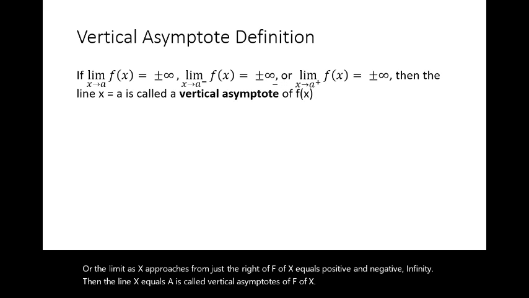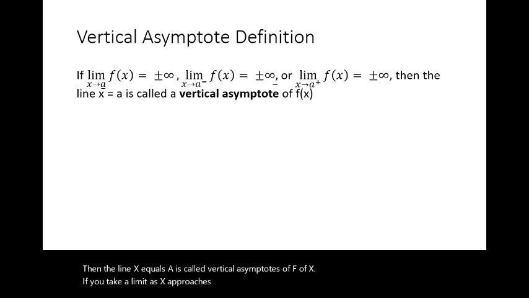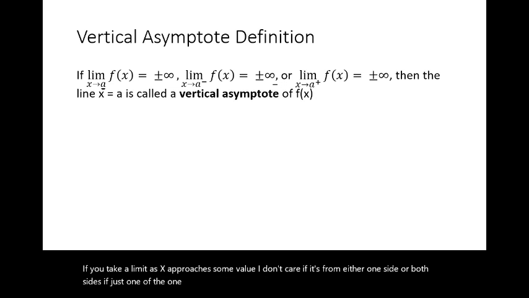So basically, if you take a limit as x approaches some value a, I don't care if it's from either one side or both sides, if just one of the one-sided limits comes out to some sort of infinity, that means x equals a is a vertical asymptote.